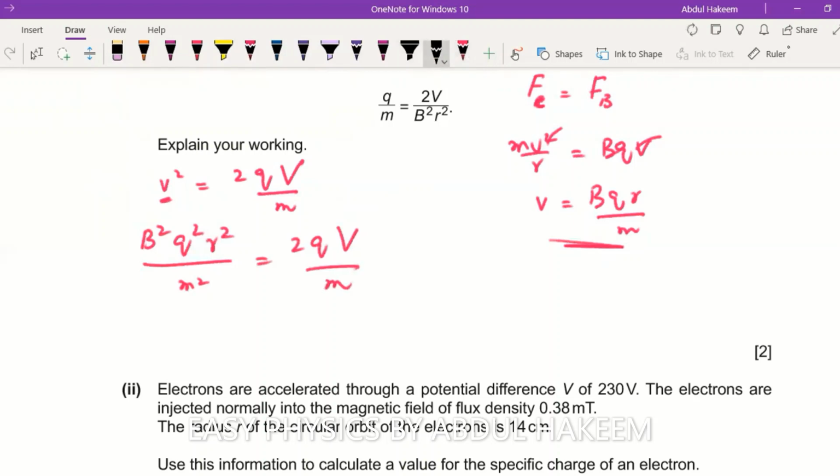Now one q cancels, one m cancels, one m is left. So q divided by m is equal to 2V divided by B squared r squared, hence proved.